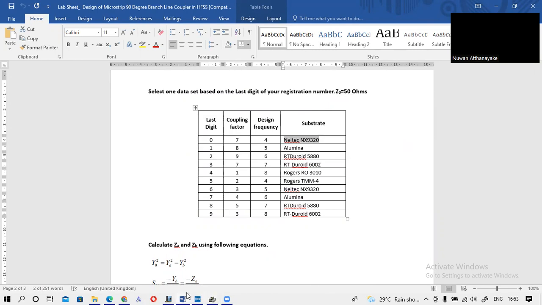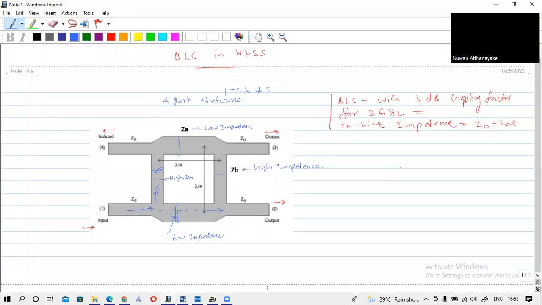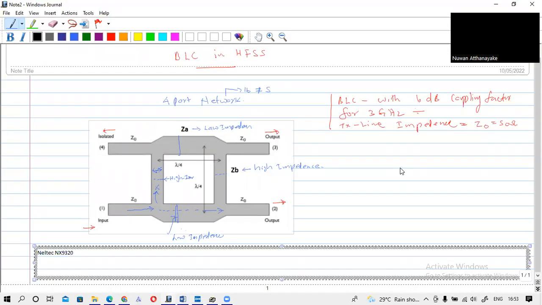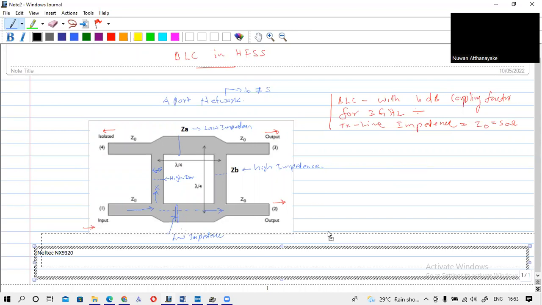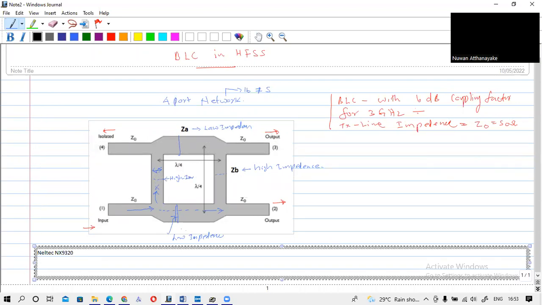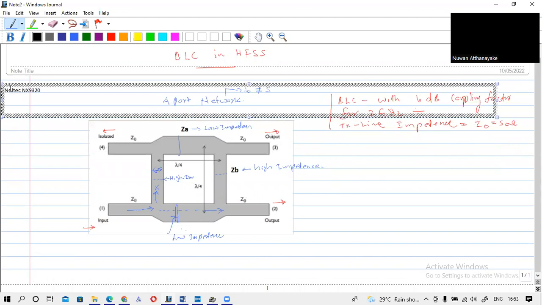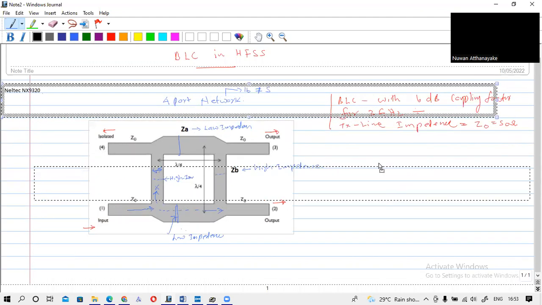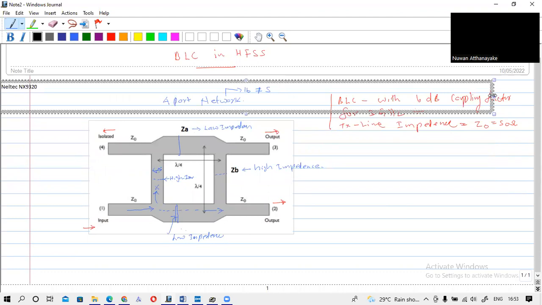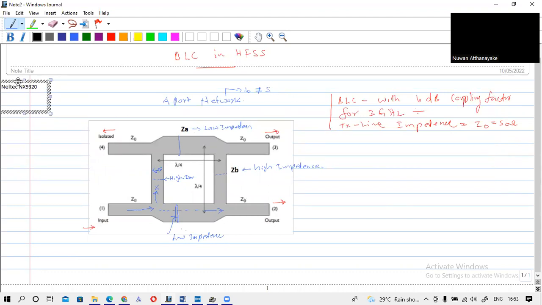So I take this substrate for my design. This will be my material, and we can already find this material in the market.